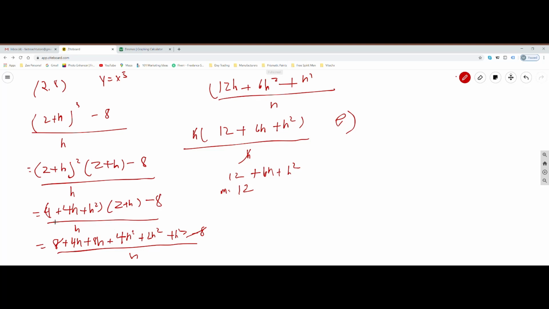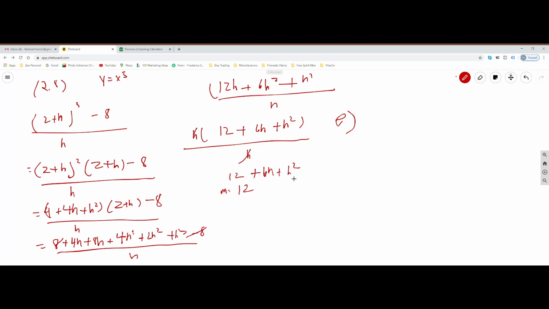So when you expand it out, you get 4 plus 4H plus H squared times 2 plus H minus 8 over H. And then you get 8 plus 4H plus 8H plus 4H squared plus 2H squared plus H cubed minus 8 over H. So when you simplify it out, you get 12H plus 6H squared plus H cubed over H. So you can factor out H, and you're left with 12 plus 6H plus H squared.